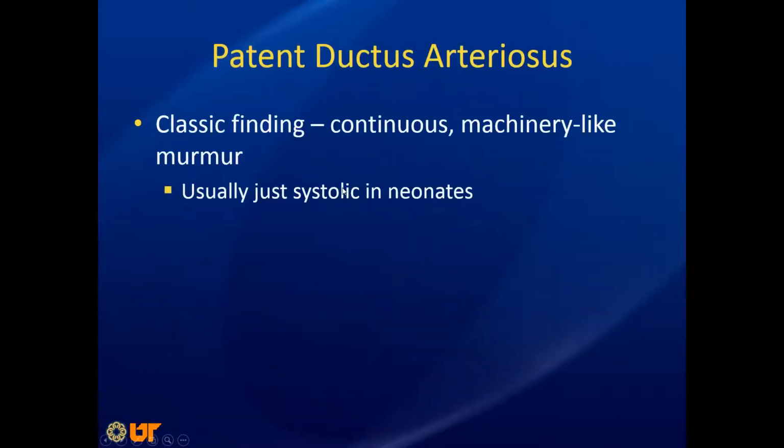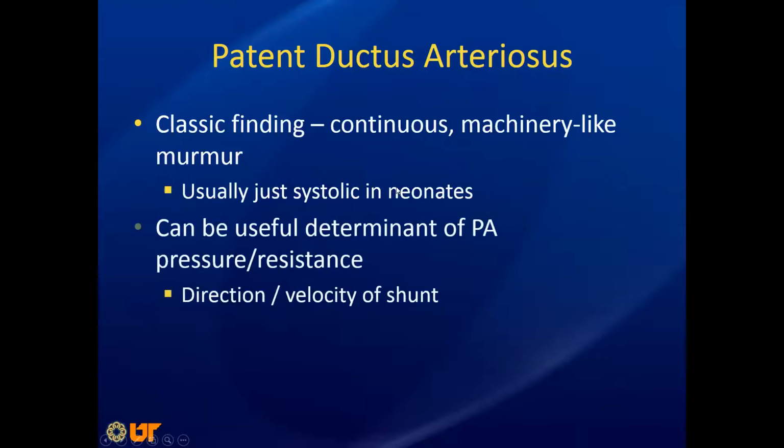The classic finding for your textbooks is a continuous machinery-like murmur, but basically anyone that's examined a newborn that has a PDA knows that's not exactly what it sounds like. So it's usually just a systolic murmur in neonates, especially early. It will largely be a pulsatile lesion and just be that systolic murmur. They can often have bounding pulses too.